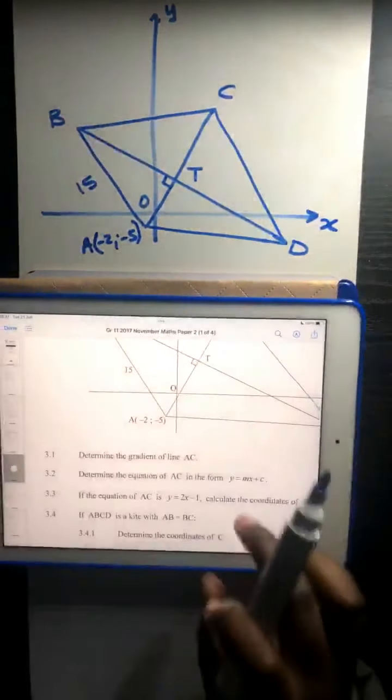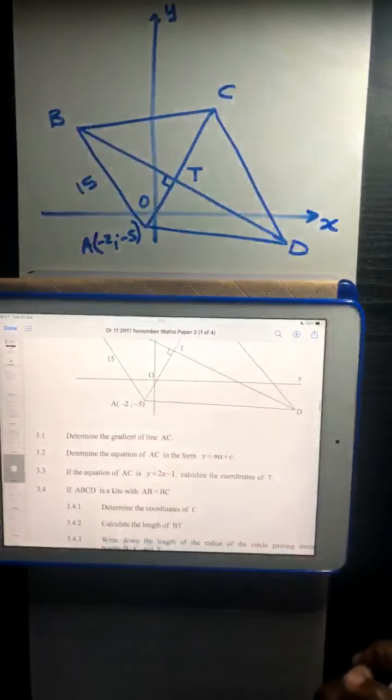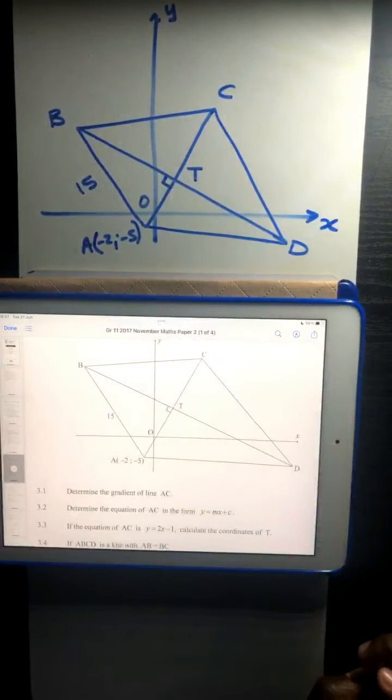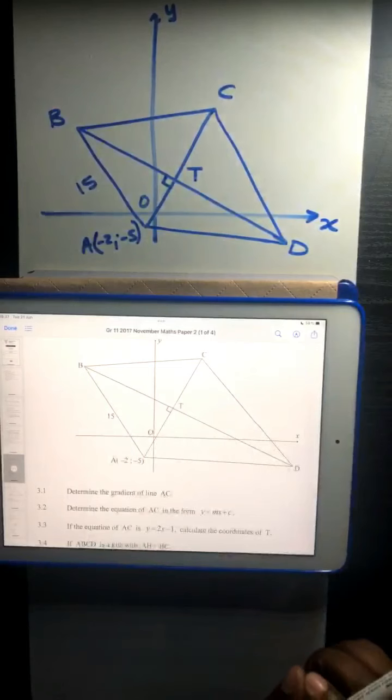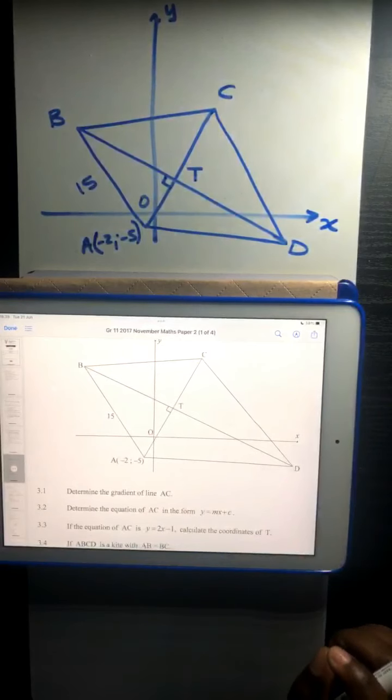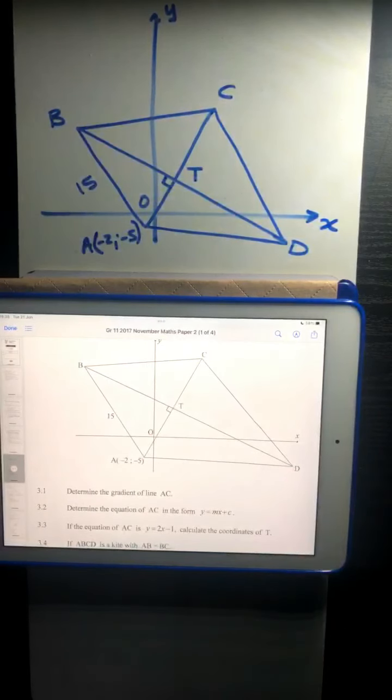The first question, 3.1, says determine the gradient of line AC. Remember guys, in yesterday's lesson I said when you're dealing with this chapter of analytical geometry, if there's a question under this chapter, before you say anything else, just ask yourself this question: do I have 2 things?